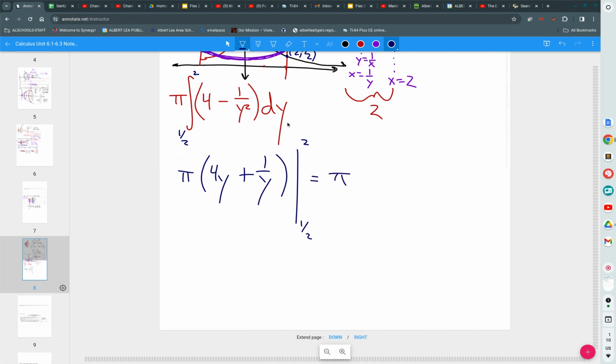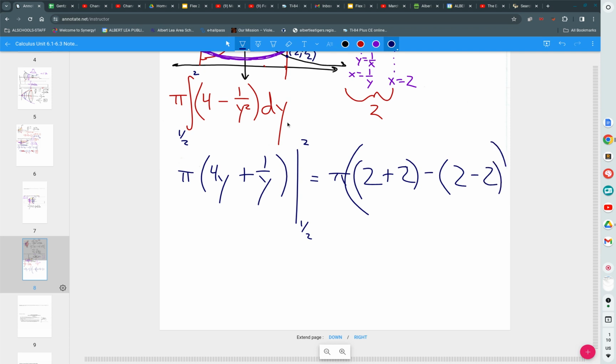As I plug in 1/2, I get 4 times 1/2 is dos, which is Spanish for 2. Plus 1 over 1/2 is 2. So 2 plus 2 minus, wait, I'm sorry. I just plugged in 1/2 right away, didn't I? We'll put that over on this side.